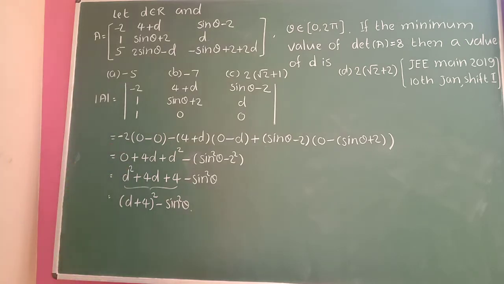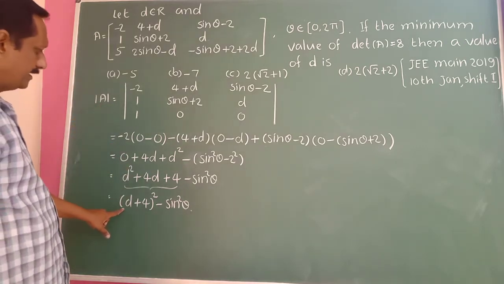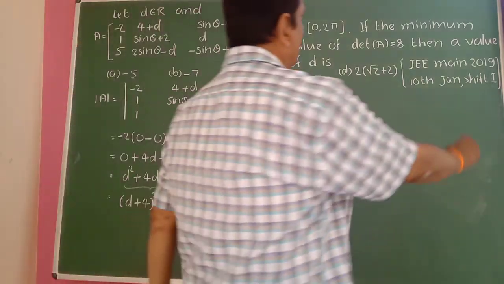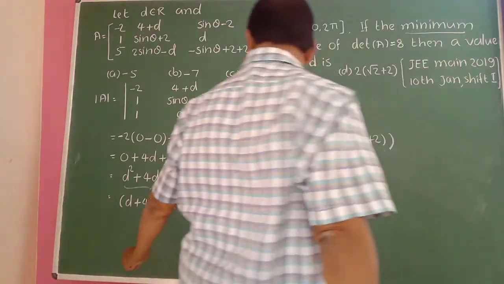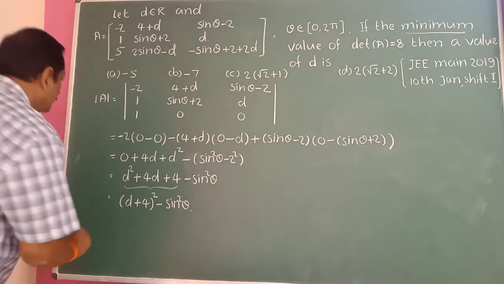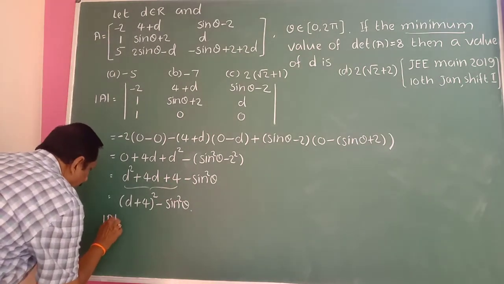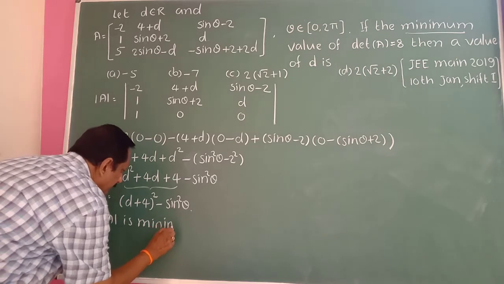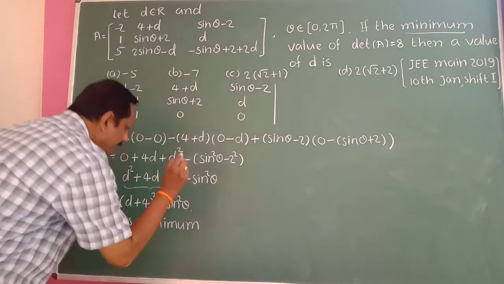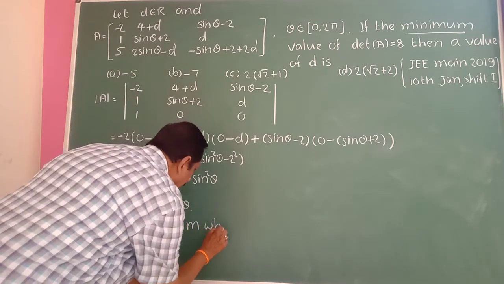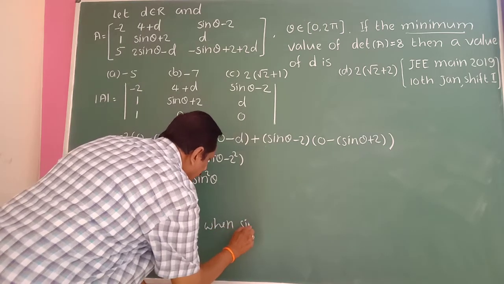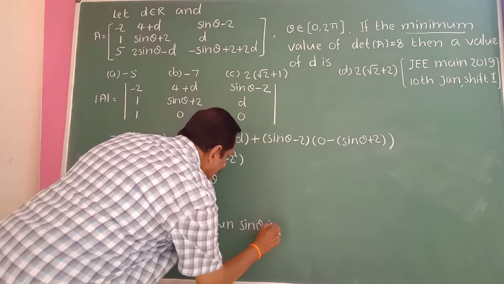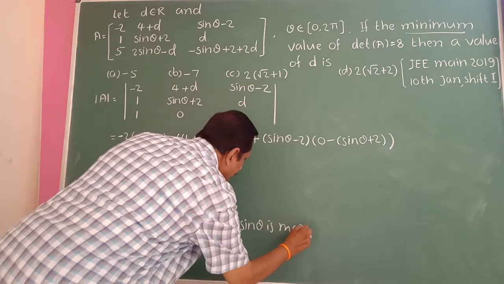Minus sin square theta. Here determinant of A is a minimum because they are given here. Determinant of A is a minimum when sin theta is the maximum value.